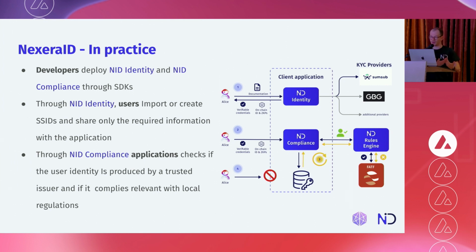And then in the second process, the application will ask the user for his information, and he will submit it. If that information matches the rules described in the rules engine, the user is allowed to interact with the application. If the information is not matching the rules, the user is fenced out of the application.